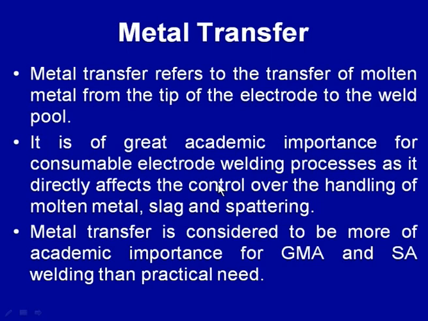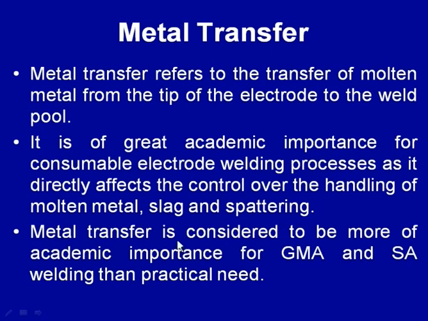It also affects the slag formation tendency and the kind of impurities developed during their flight from the electrode tip to the weld pool, and how much of the molten metal is actually placed in the weld pool, and how much falls here and there as spatters due to inappropriate metal transfer, which happens under certain unfavorable welding conditions.